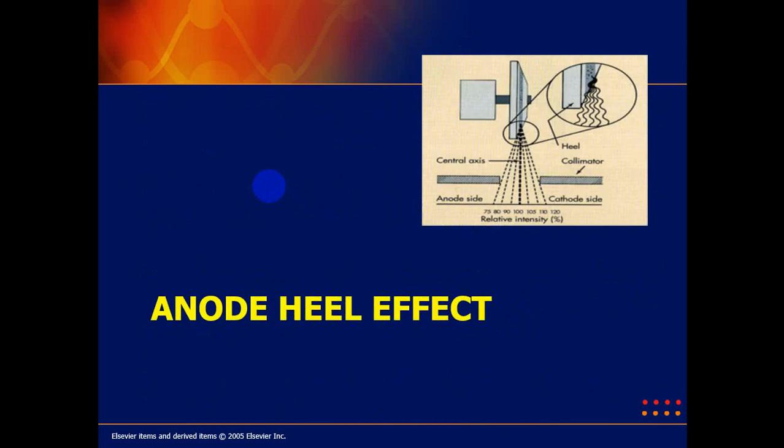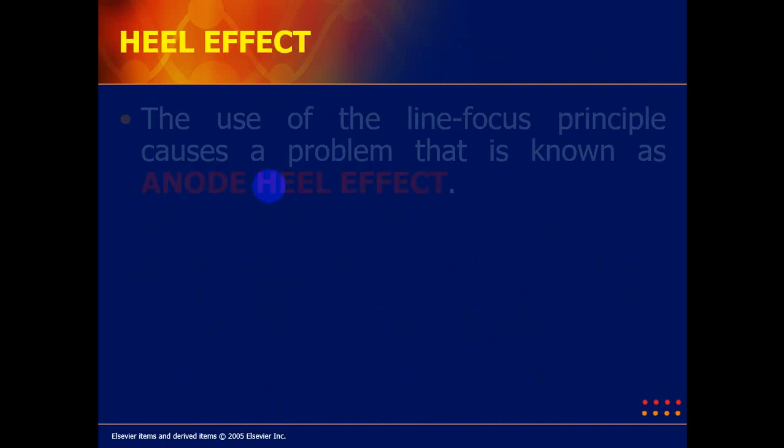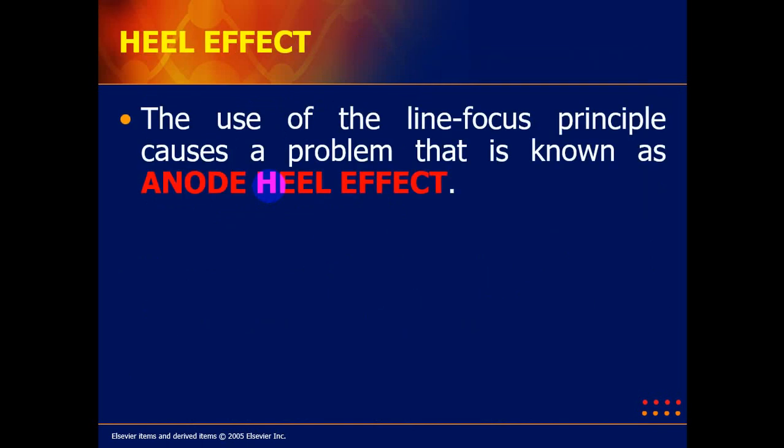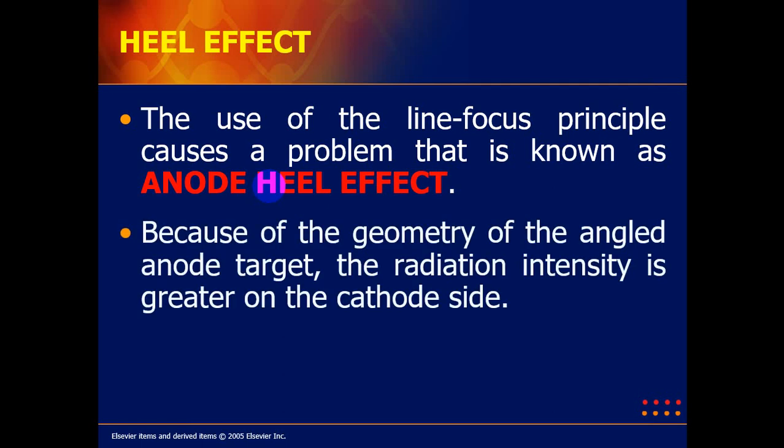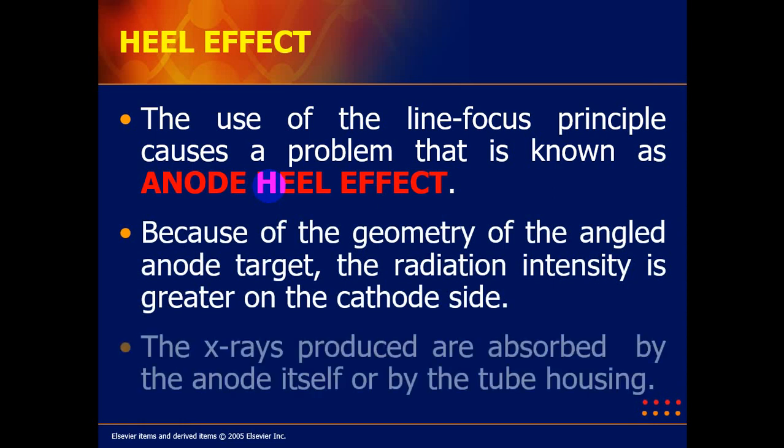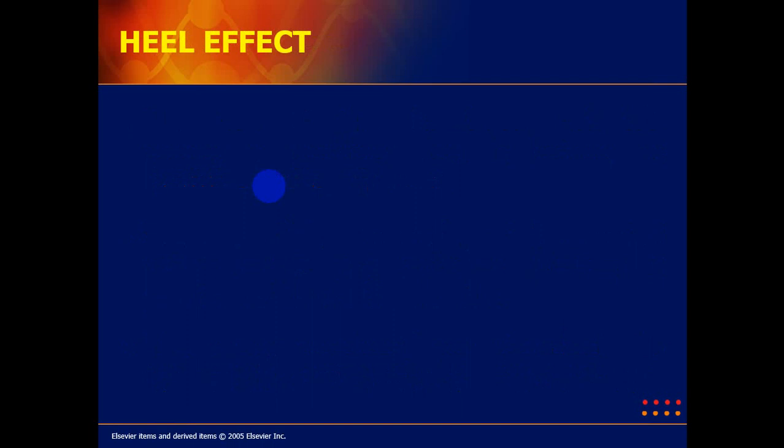Okay, now let's move on to anode heel effect. The use of the line focus principle causes a problem that is known as the anode heel effect. Because of the geometry of the angled anode, the radiation intensity is greater on the cathode side. The X-rays produced are absorbed by the anode itself or by the tube housing.